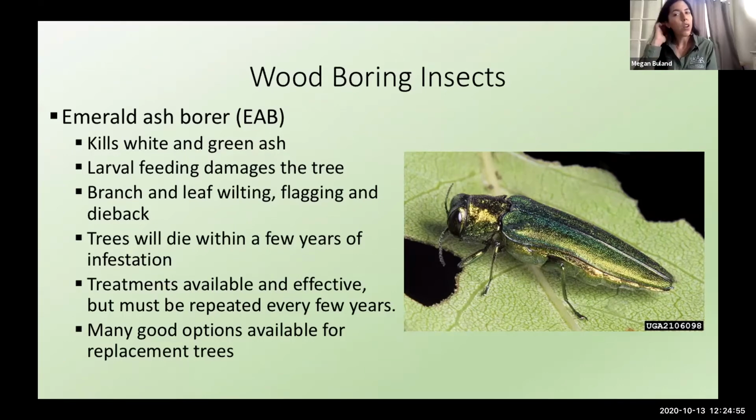Now, if you have smaller ash trees, I would almost recommend sometimes considering removal and replacement with something that isn't an ash tree, rather than treating that tree every couple years forever, possibly to prevent it from being infected with emerald ash borer. And there are a lot of nice options out there for replacement trees for ash in your lawns and as street trees. There's a lot of really lovely native species we have that make excellent replacements for ash that you can consider.